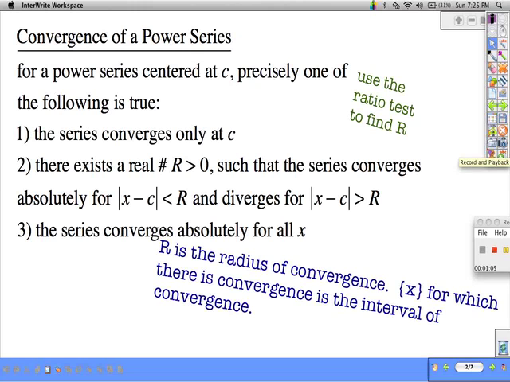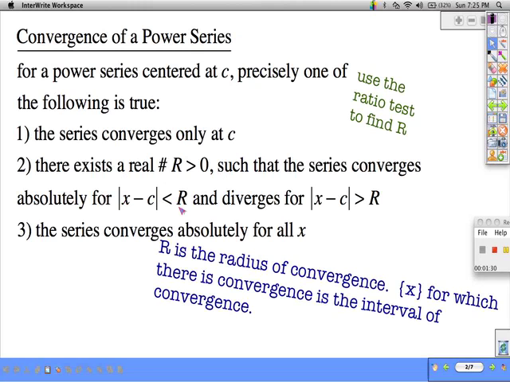So for convergence of a power series, one of these things will be true. It will converge only at C, the place where it's centered, or there's a real number r that's greater than 0 such that it converges absolutely for the absolute value of x minus c less than r, and diverges for greater than r.